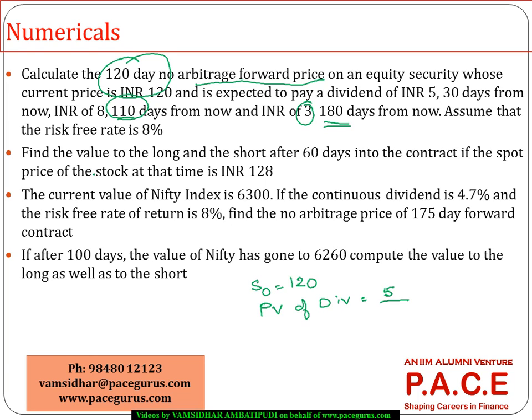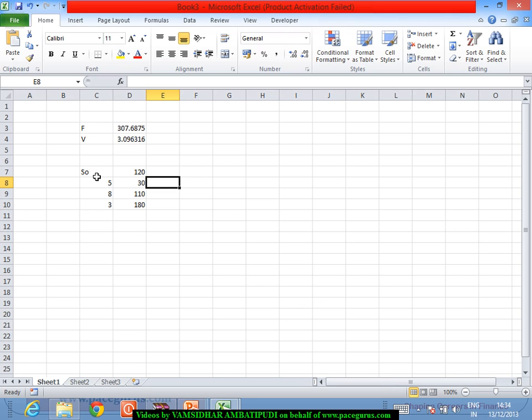So I need to first adjust the spot price with the present value of the dividends, but consider only those dividends which are expected to come during the period of the forward contract itself, not after the expiry of the forward contract. So basically I don't need to consider this one to adjust the spot price.